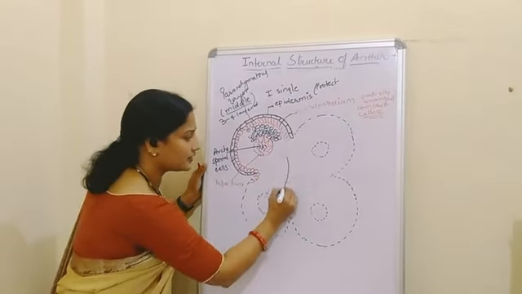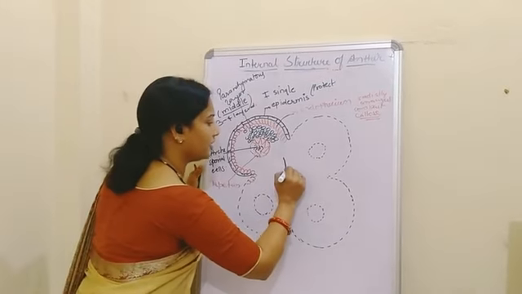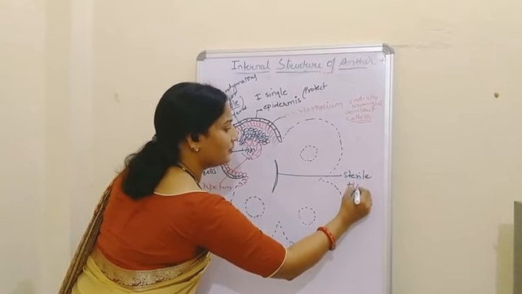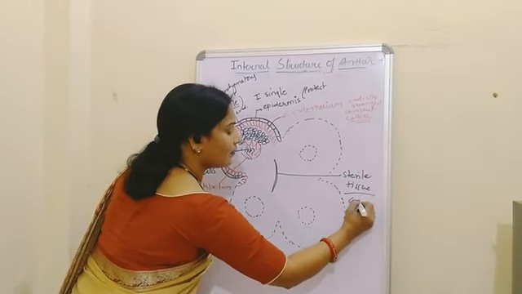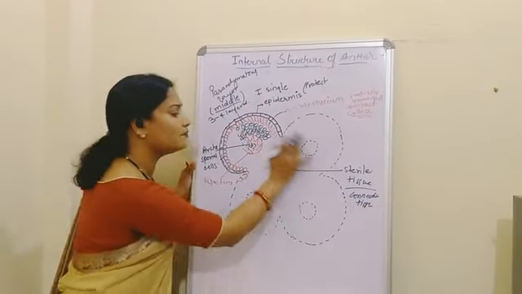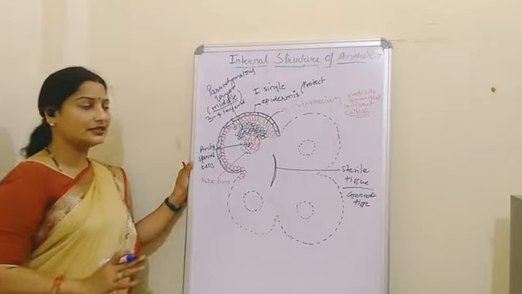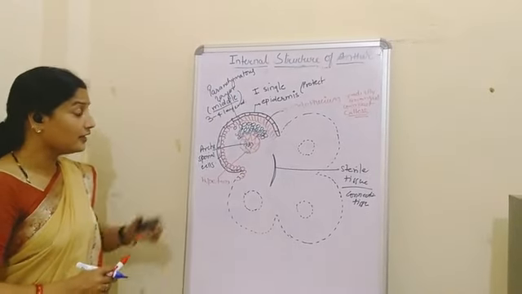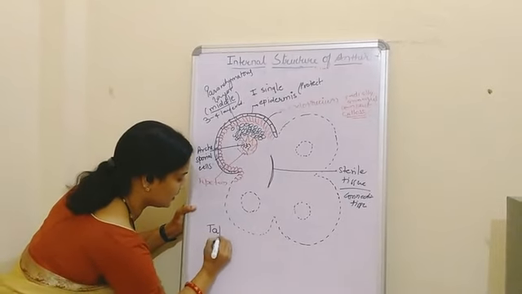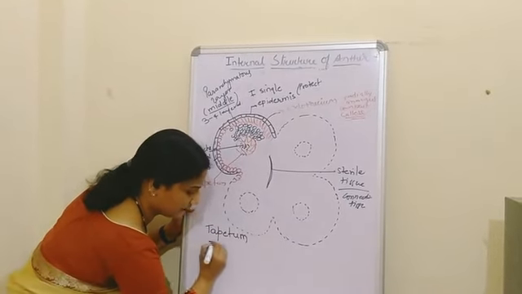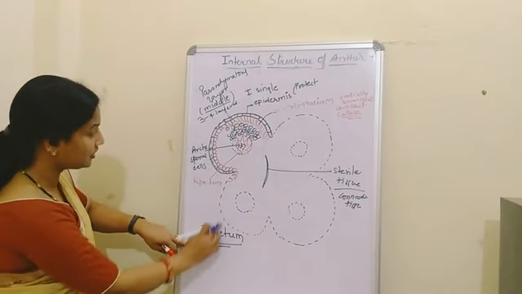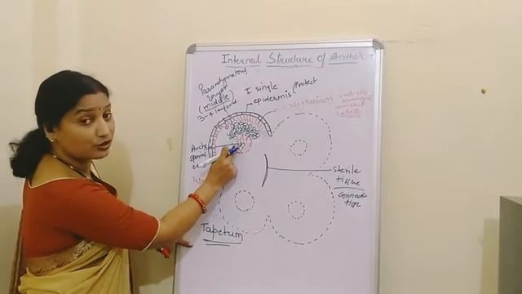Now, this is the connective that I have already taught you. It is the sterile tissue, because it helps in connection. So connective tissue does not participate; it is sterile tissue. Now see, what is the structure and function of the tapetum? This tapetum provides nourishment to the developing microspore.